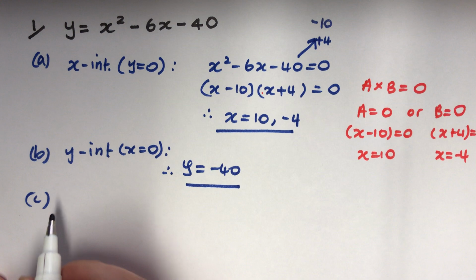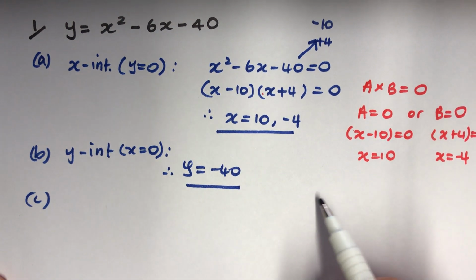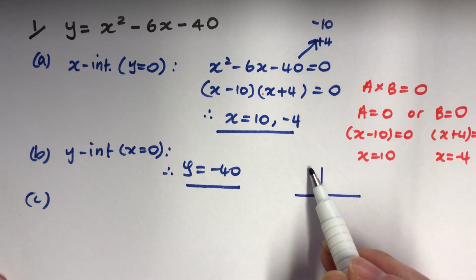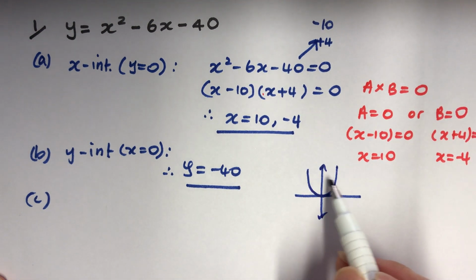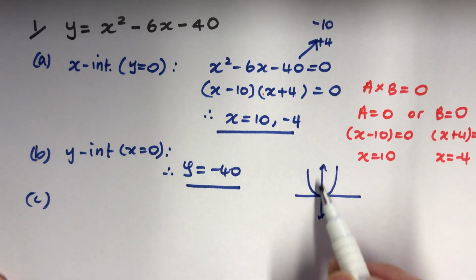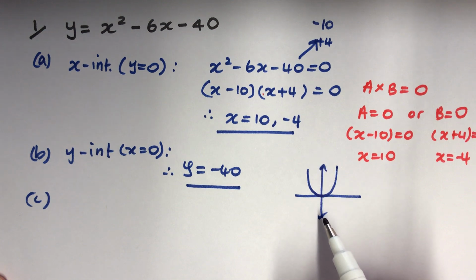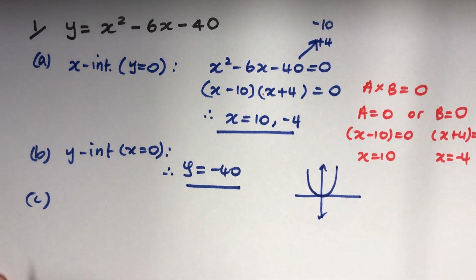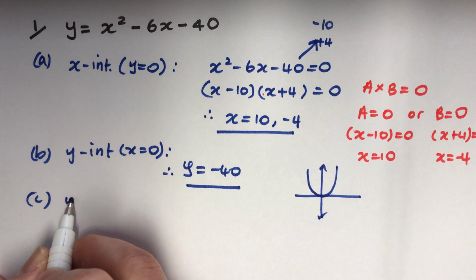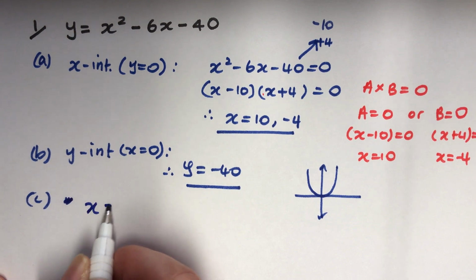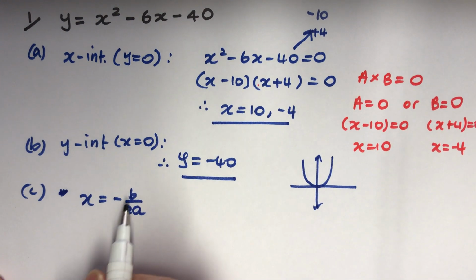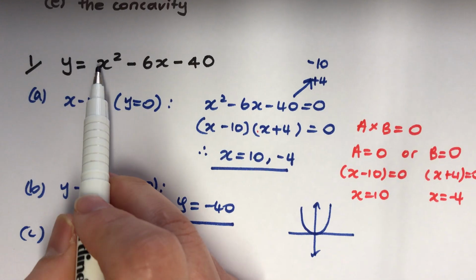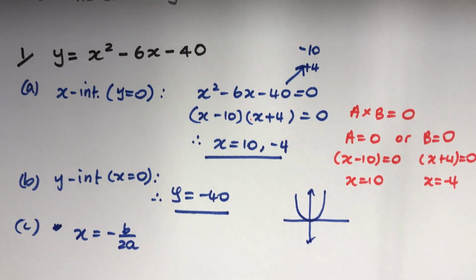Now c is the equation of the axis of symmetry. I'm just going to give you the formula here. The axis of symmetry is where the parabola is symmetrical on both sides. For example here, the axis of symmetry is x equals 0 because it's the y-axis. Now let's have a look. The formula is minus b over 2a, where a and b are the coefficients of the quadratic.